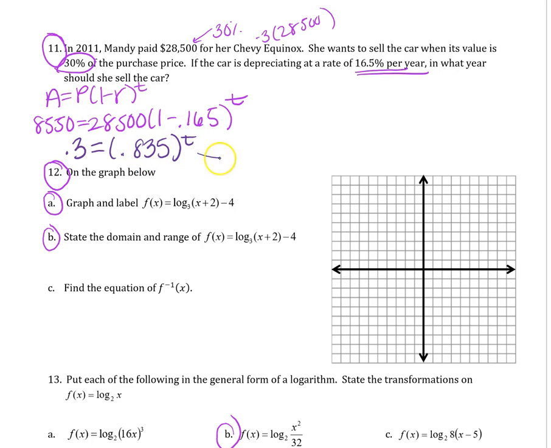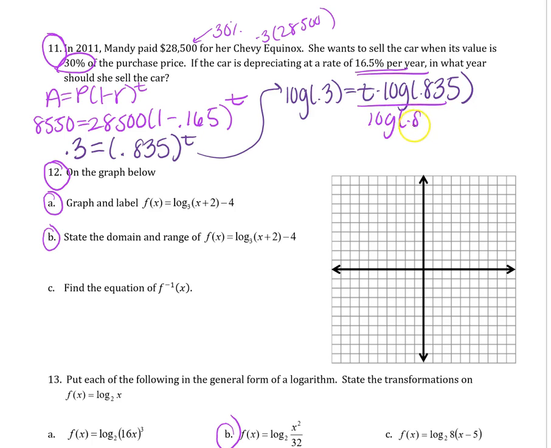You have to bring the t down to a more desirable location, so we'll take the log of both sides. Then the last thing I have to do is divide by log of 0.835. And then I'm done.